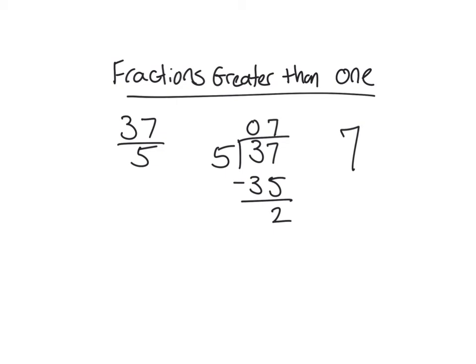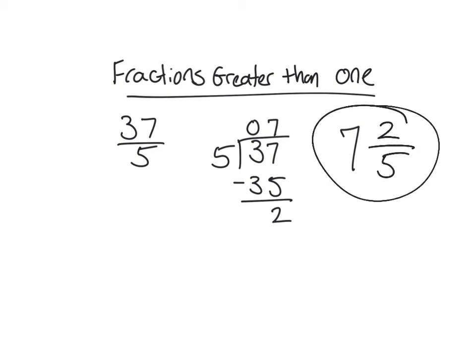And so that means that 2 is our numerator and 5 is our denominator. So 7 and 2 fifths. This is our whole. This is our numerator. This is our denominator.